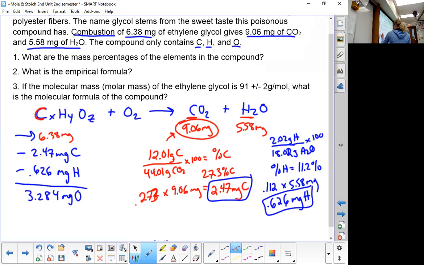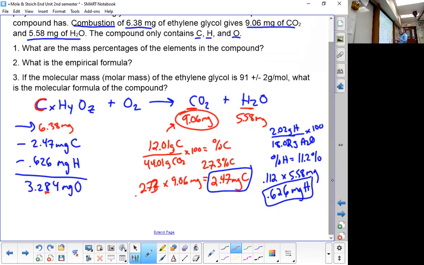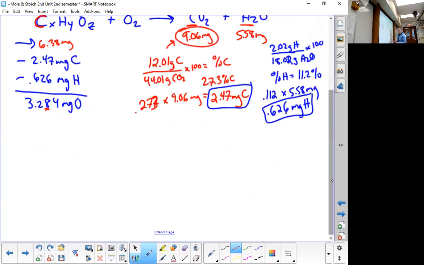With sig figs, since you have two that go to two places past the decimal, we can just say 3.28 milligrams of oxygen. So here we don't have the percent compositions, but we have the mass amounts of each of these. So then we can use those mass amounts of each atom to get to moles and solve for it that way.